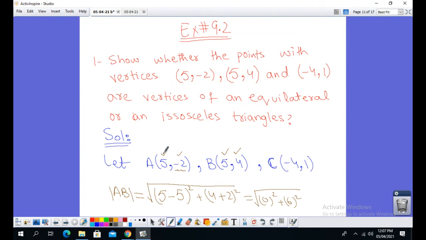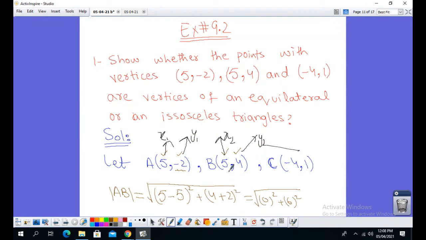Here we first of all call this one x1 and this one y1, and this 5 we call x2, and this one we call y2, and we apply the formula.